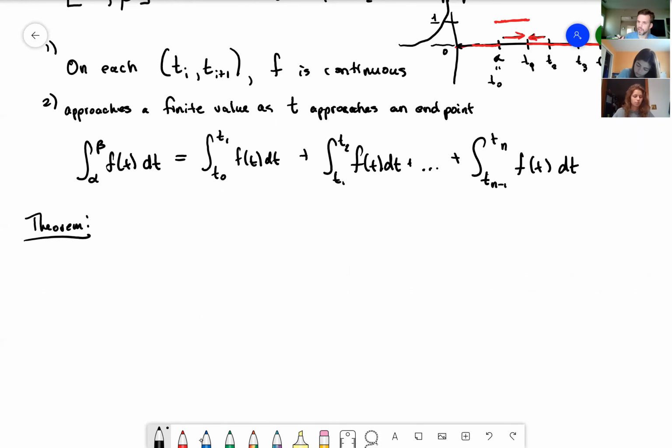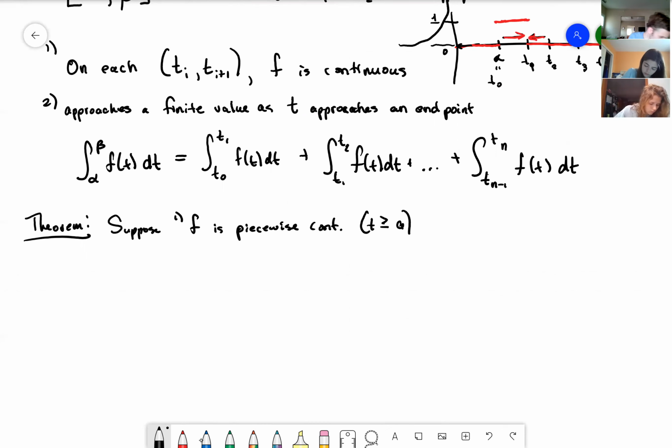This is sort of like the comparison test, but for integrals instead of series. So suppose that f is piecewise continuous, well, at least piecewise continuous once we get past a certain point A.